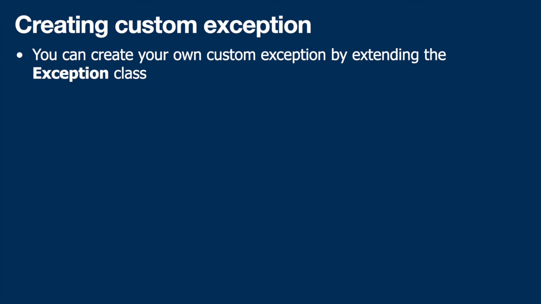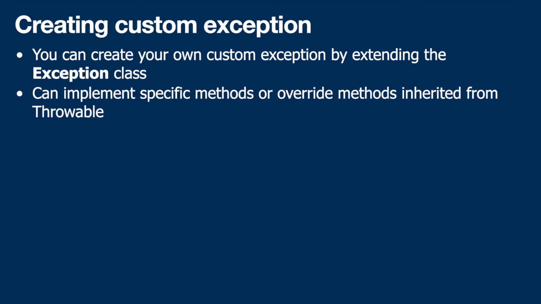And as we have discussed, we can also create our own custom exception class, and this can be done by inheriting or extending the exception class. So generally we do it like this, and we can implement specific methods or override methods from the parent class. As you know, the exception class is a subclass of throwable.